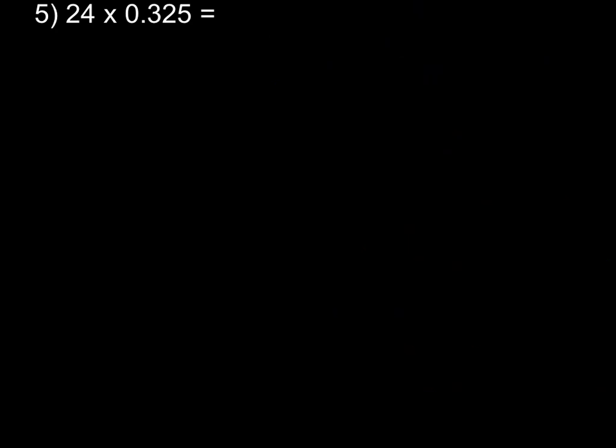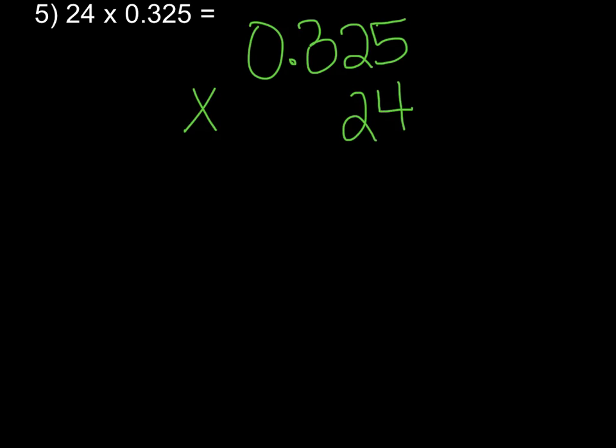All right, number 4 is 24 times 325 thousandths. I'm going to write my number that's longer, that has more digits, on the top, just because that's how I like my multiplication to look. Okay, we're going to look at this as 325 times 24.